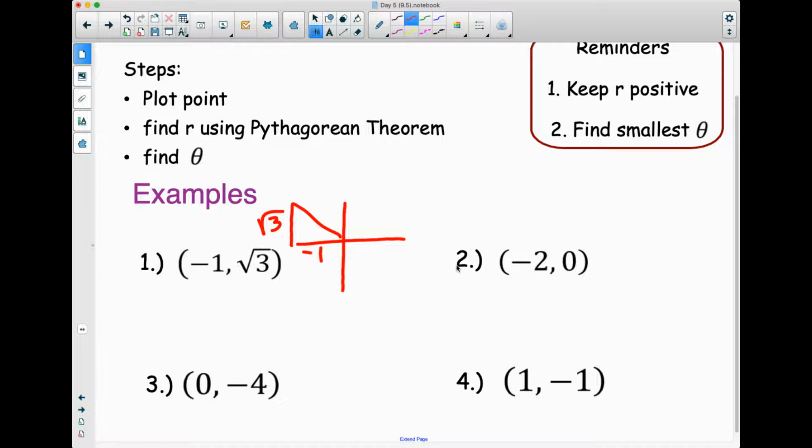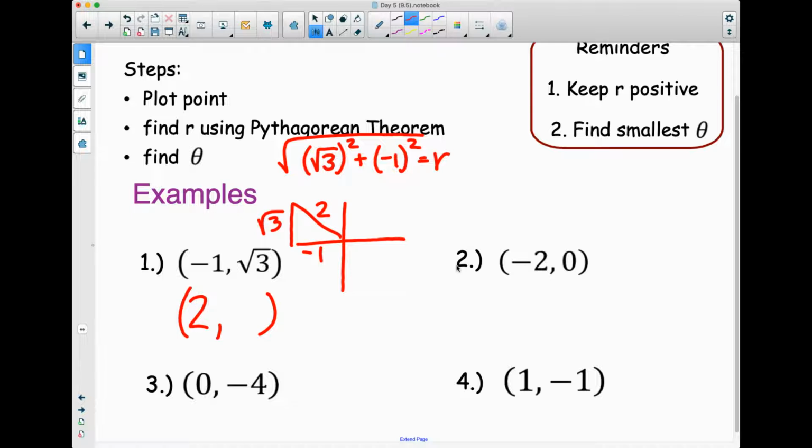So I have to find my radius, which is what? 2. You can do it with the square root already, either or. So for my ordered pair, I already have 2.